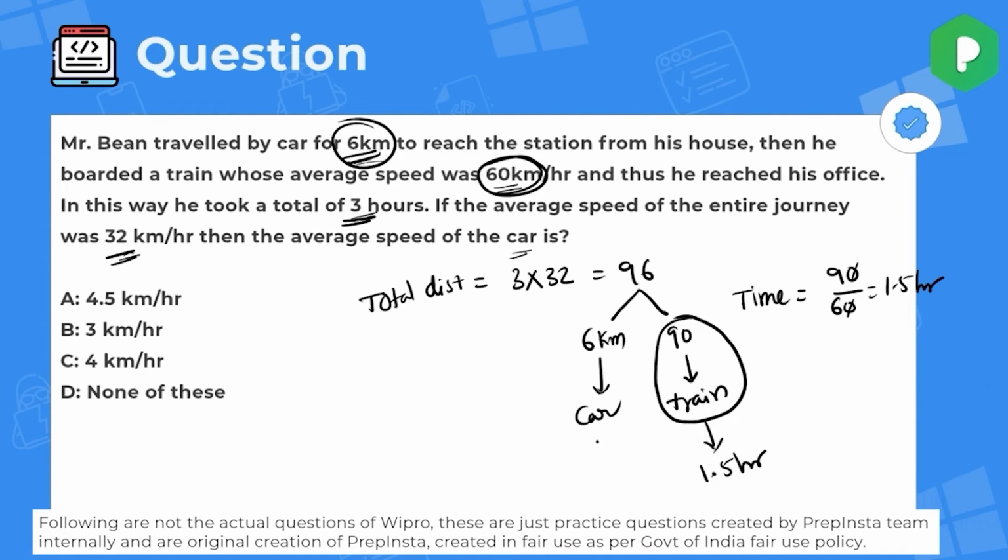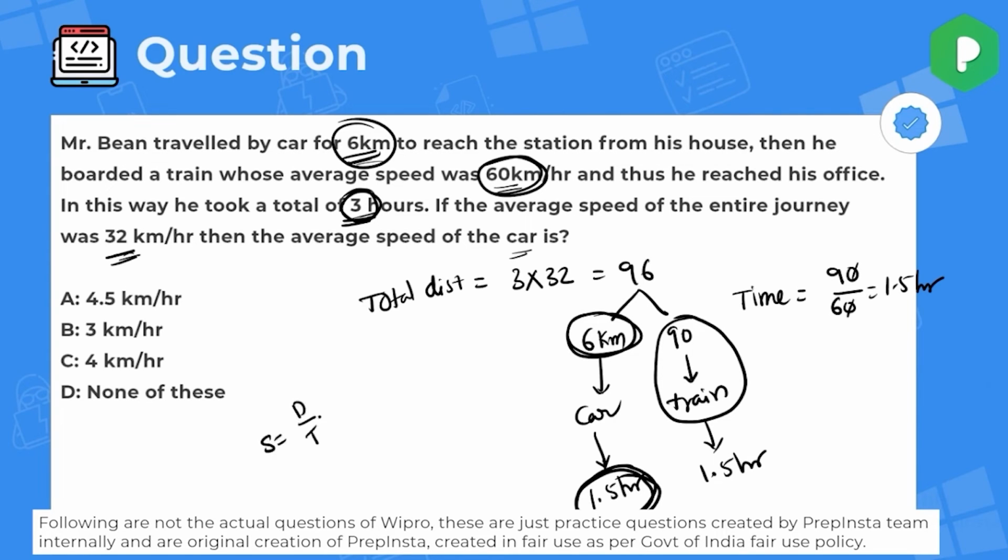Then what is the remaining time traveled by the car? The total time is 3 hours. Already 1.5 hours was traveled by train. So by car he has traveled 1.5 hours. And he has traveled for 1.5 hours by the car for the distance of 6 kilometers. Then what is the speed formula?